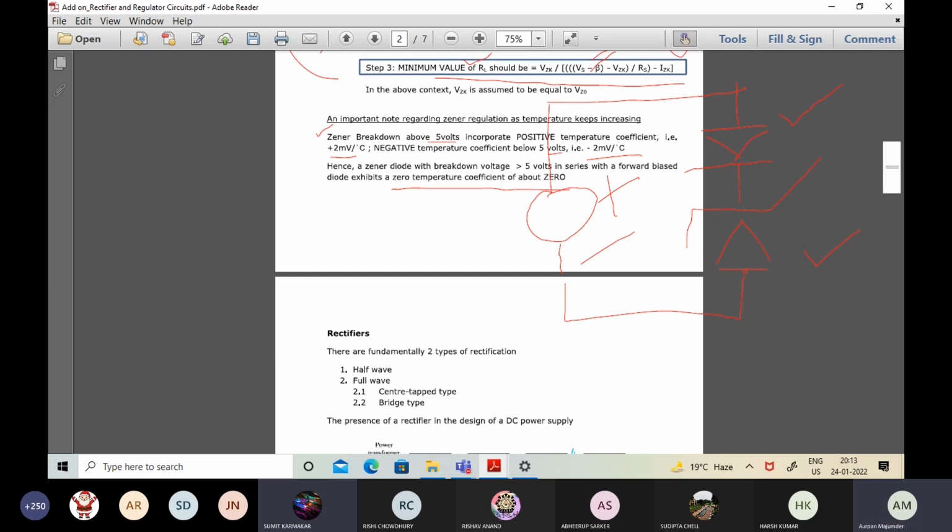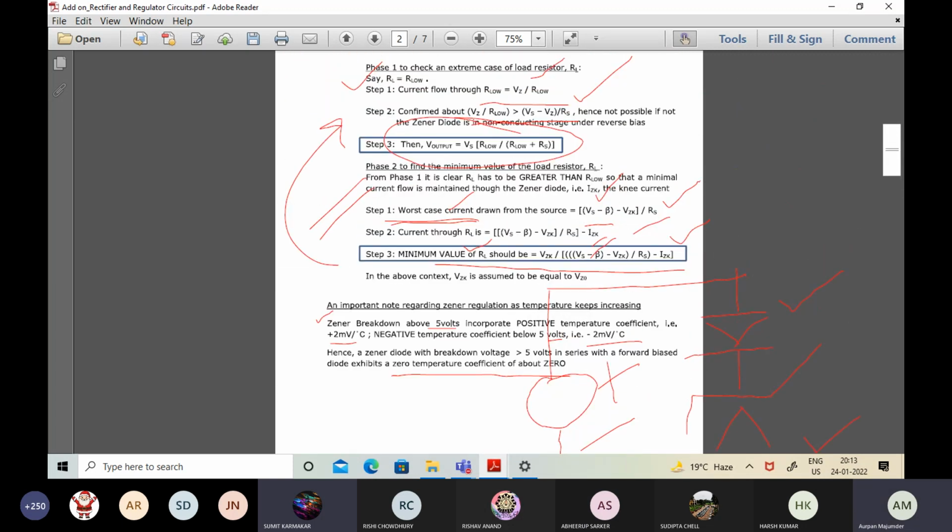Why not plus beta? Look, if I take into account plus beta, what should it really mean? It should really mean that we are having more amount of current. I'm talking about the worst case current and the minimum value of RL. When we are talking about the minimum value of RL, we are talking about the worst case current drawn from the source. Worst case current means exactly what?